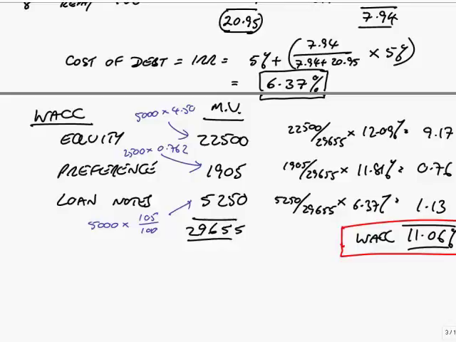Is everybody happy with those market values? And I think my arithmetic's right: 11.06%. There's bits of rounding. I think he got 11.05%. He's wrong, I'm right. But irrelevant anyway.